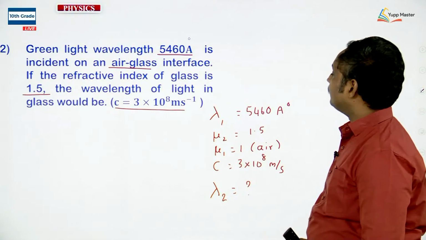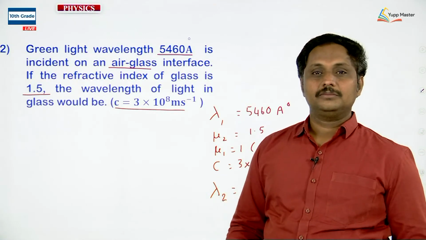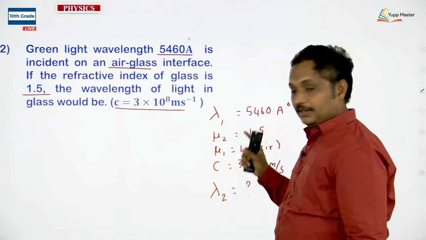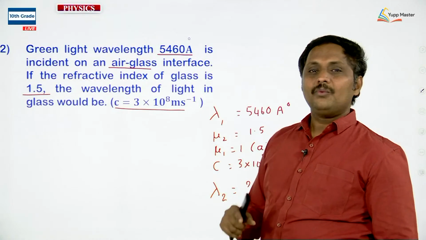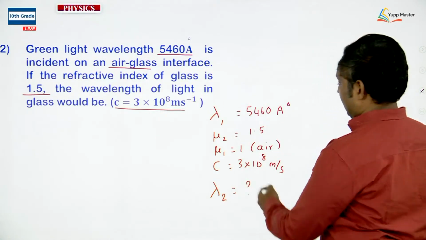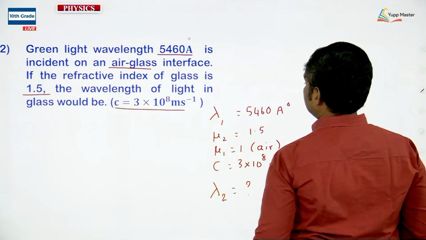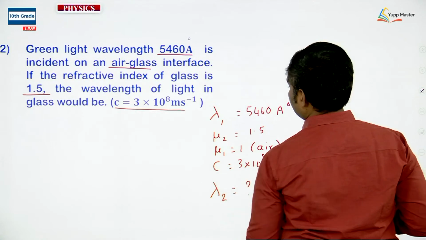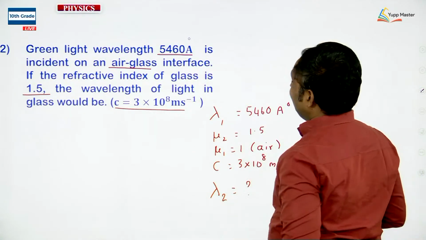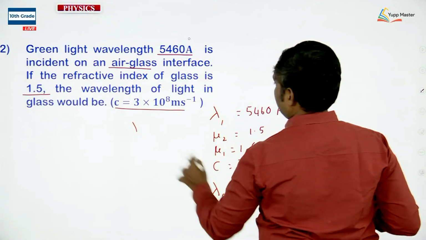So you have finished part 1 and obtained all the given data. What's next? You can go for the calculation part, that is lambda 2. By knowing the relation, we can solve the problem.